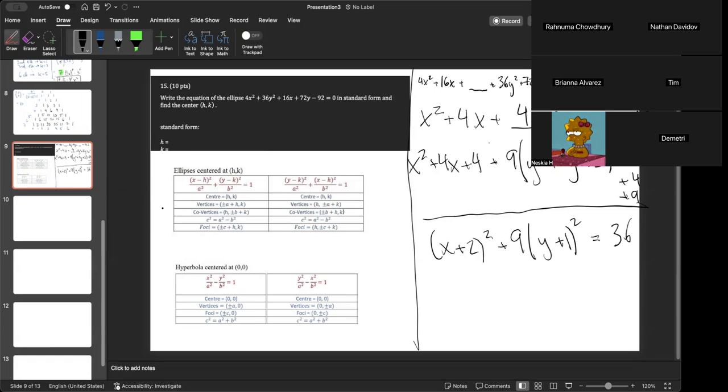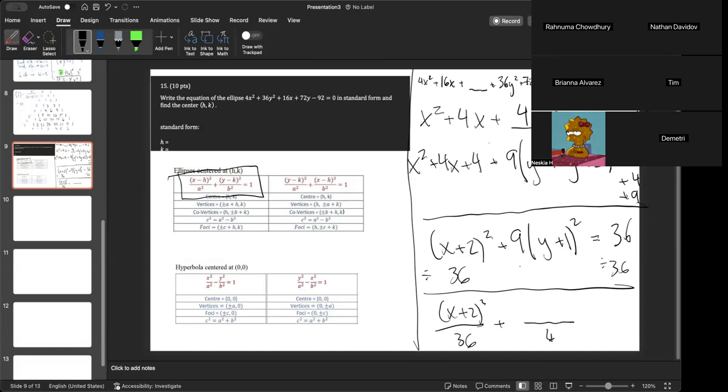Good. And then you can just divide. For the equation of an ellipse, you want the right-hand side to be 1, so you just divide by 36 on both sides. This becomes x plus 2 squared over 36 plus 9 divided by 36 is 1 over 4, so y plus 1 squared over 4 equals 1.